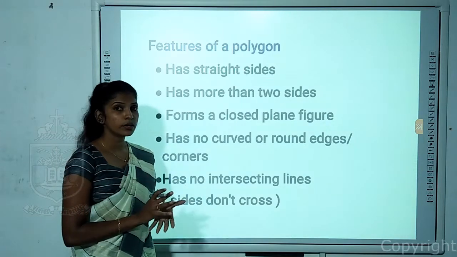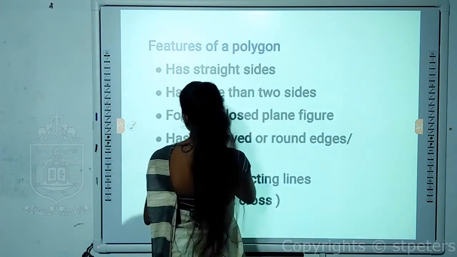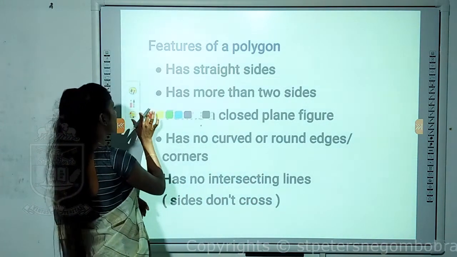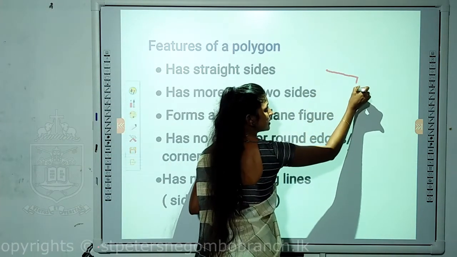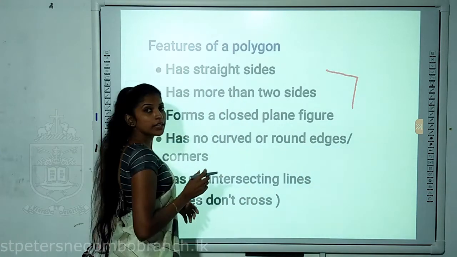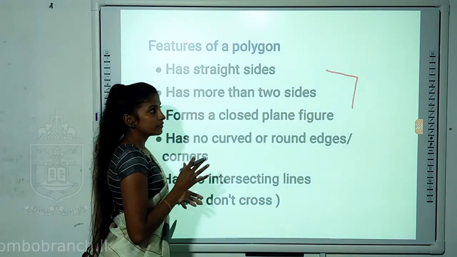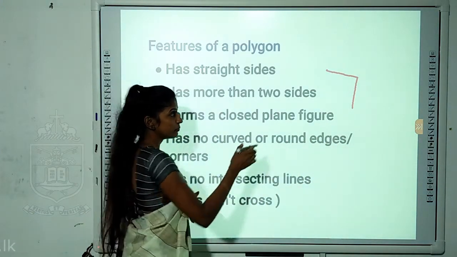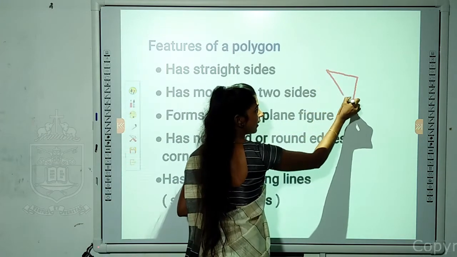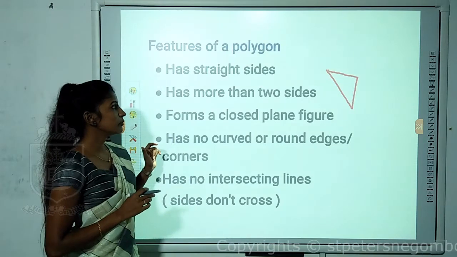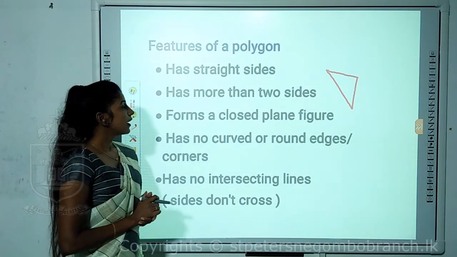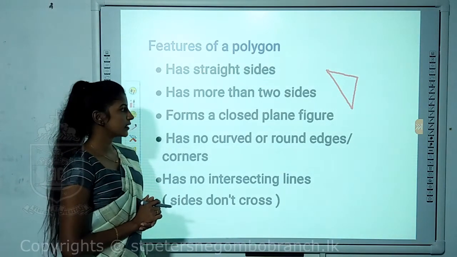We can't draw a polygon with two sides. Let's see whether we can draw it. Think that you have two straight lines like this. We can't close the figure with two lines. So the minimum is at least three straight sides. For it to become a polygon, it should always have more than two sides.